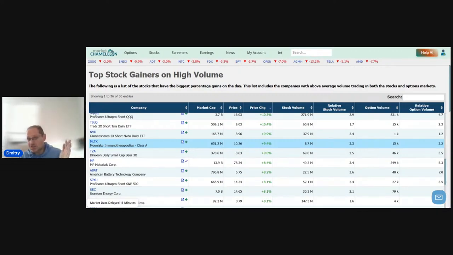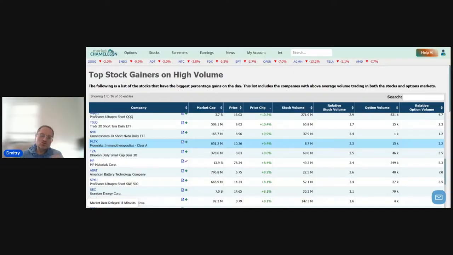Perhaps there's a sector or an industry in particular that's being targeted, where here it looks like we do have some healthcare stocks, and perhaps they released news that traders caught on and seem to be excited about, and we'd have to research that a little bit further.